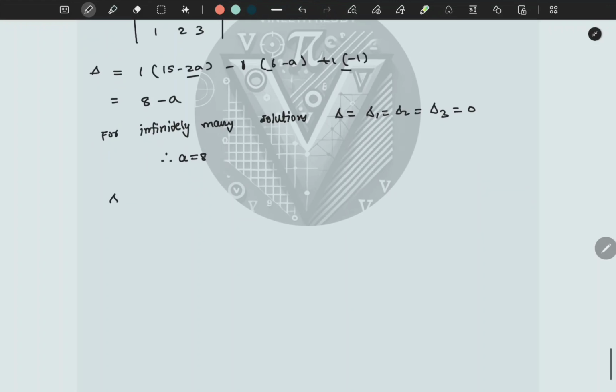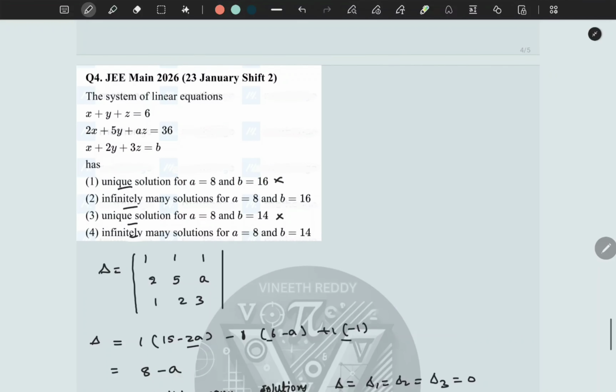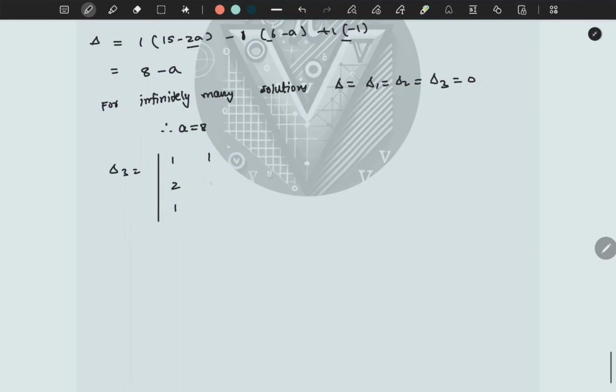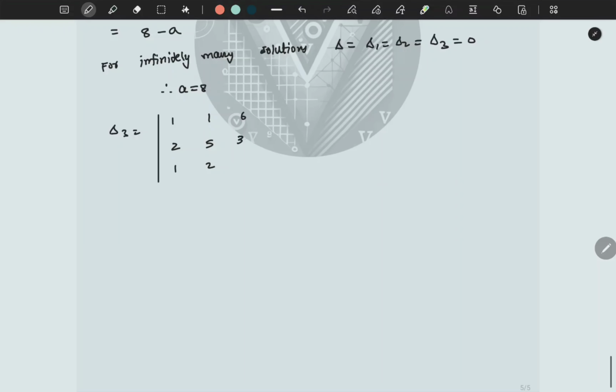Delta 3 will be 1, 2, 1, then 1, 5, 2, then 6, 36, b. Now this should be equal to 0, right? For infinitely many solutions, expand the determinant along the first row, we get 1 into 5b minus 72, minus 1 into 2b minus 36, plus 6 into 4 minus 5, which is minus 1, equals 0.